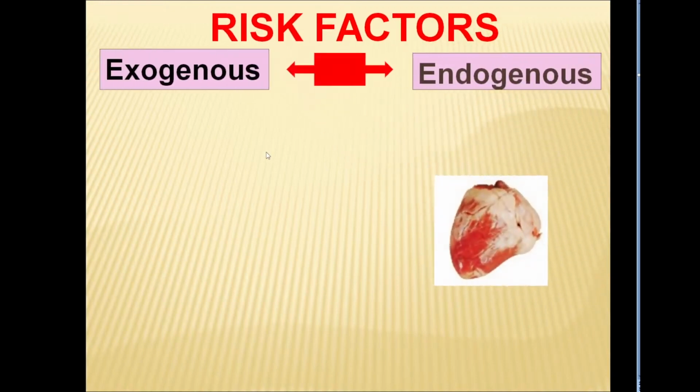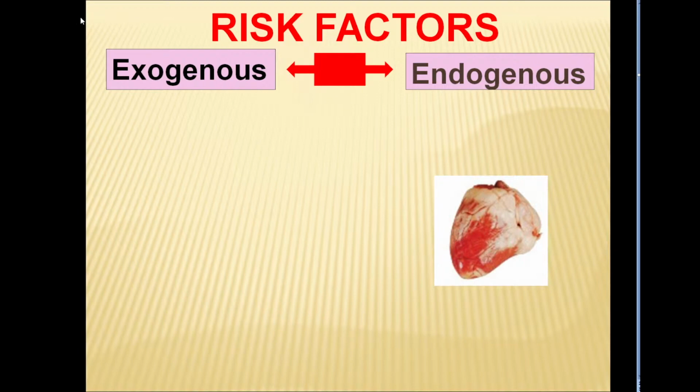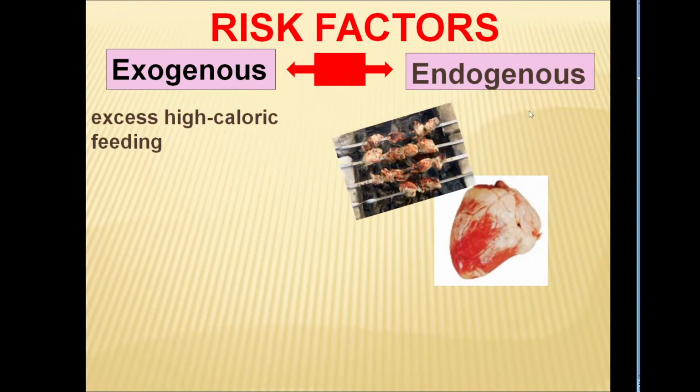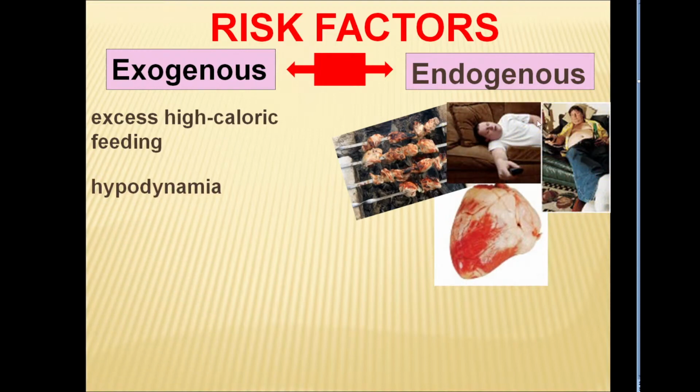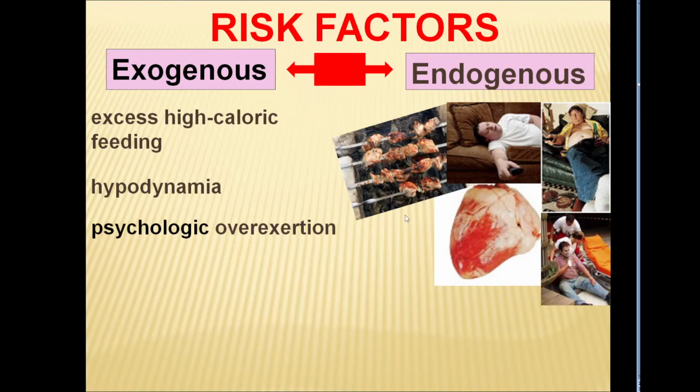Risk factors may be divided into two groups: exogenous, which may be regulated and depend on our vital activity, and endogenous, which are difficult to regulate. Among exogenous factors, the group of people predisposed to ischemic heart disease are patients with excess high caloric feeding, with hypodynamia, with psychological overexcitation.